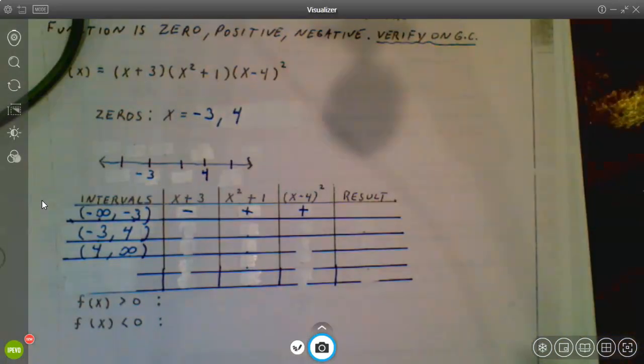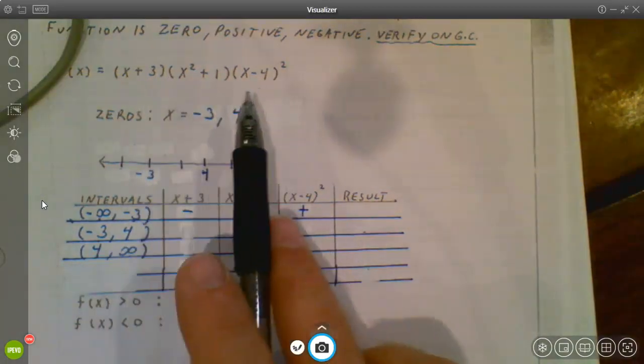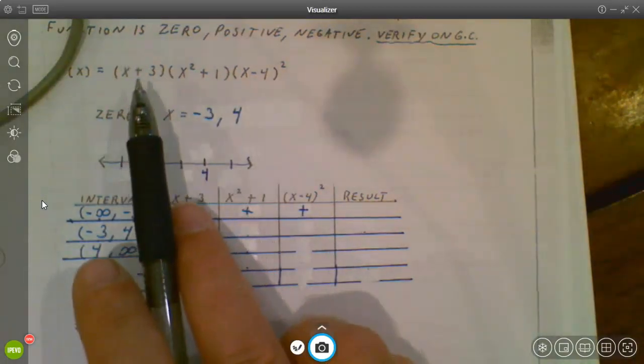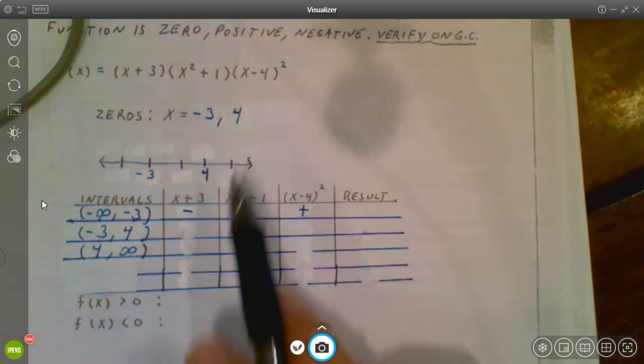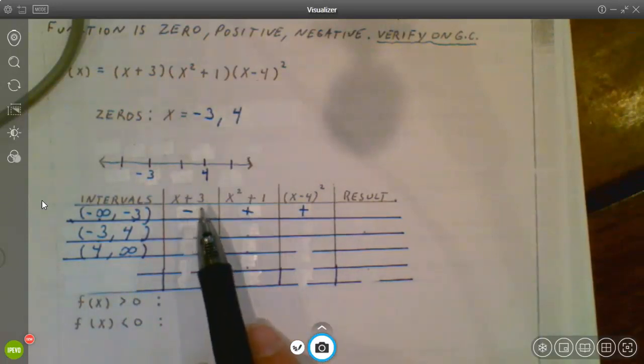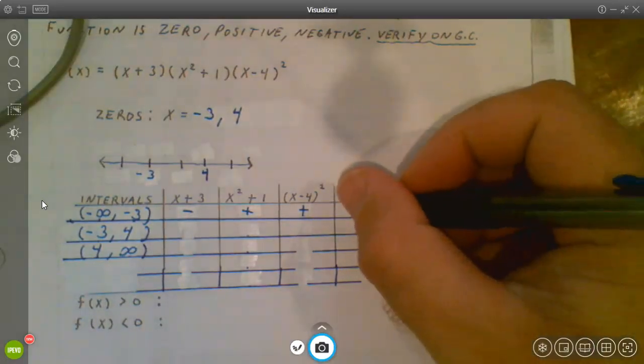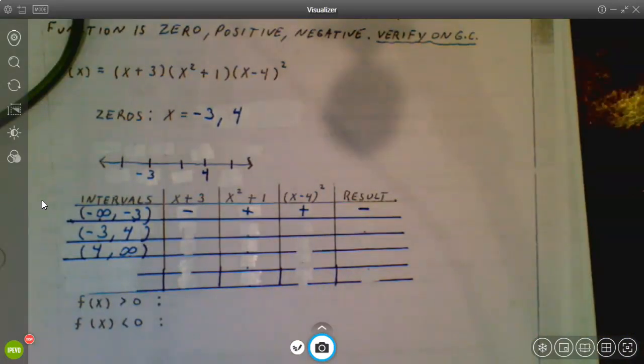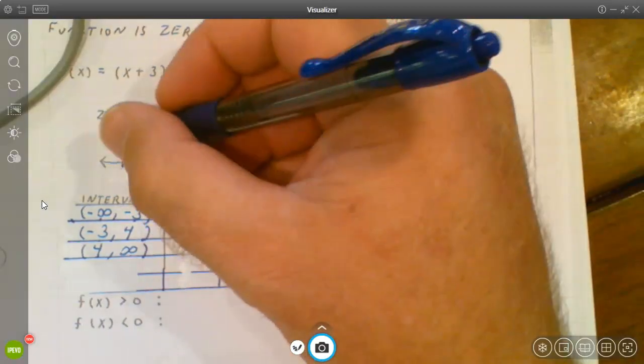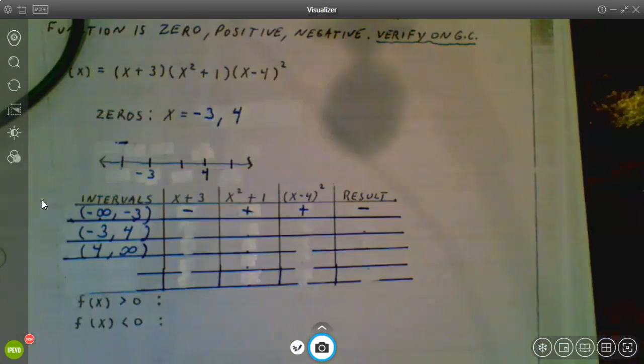So here's why we're doing that. If you go back up to these, this is all multiplication, right? This times this times this. So if I have a negative times a positive times a positive, overall, that area of the graph is negative. And so we're going to identify this as a negative section of the graph. It's below the x-axis.